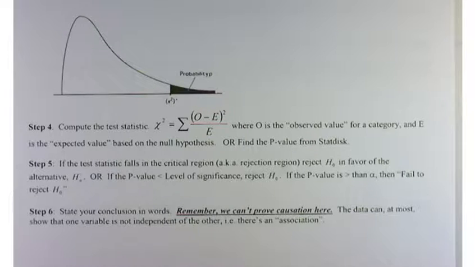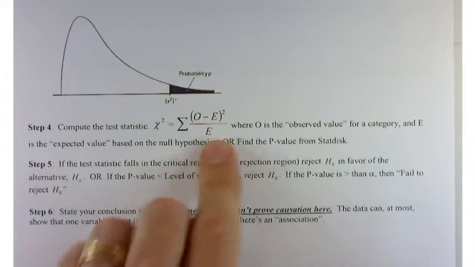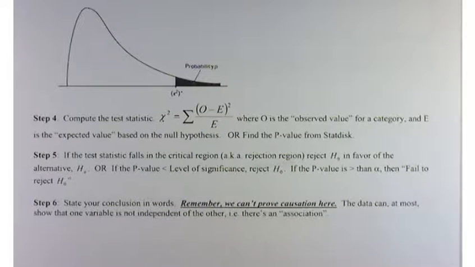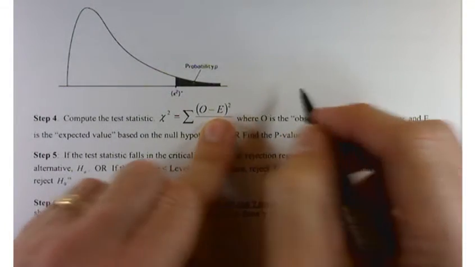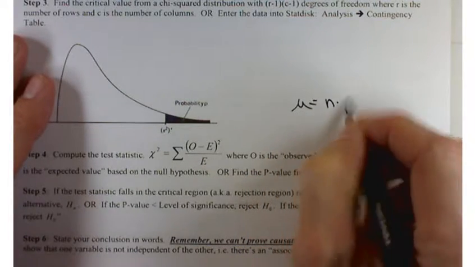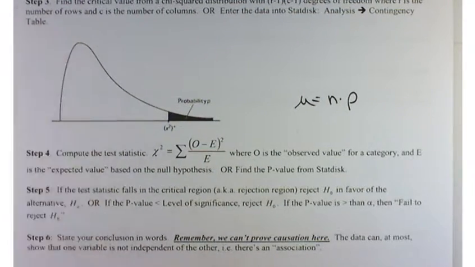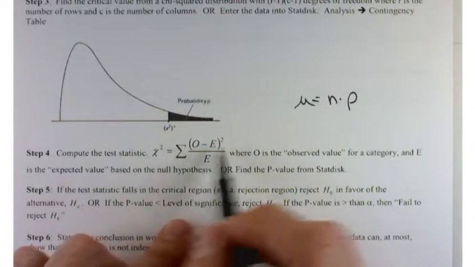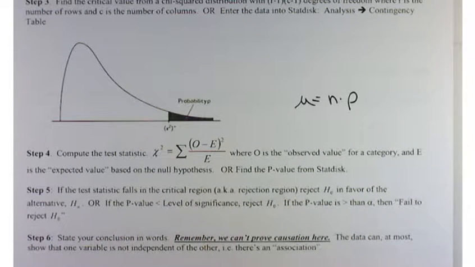It's based on some ideas of probability that really aren't beyond the grasp of this class, but pretty much everything that you can run into in terms of your graphing calculator or statistical packages are going to do this for you. Suffice it to say that they're going to calculate an expected value, much like you did for the mean of a binomial random variable, which was n times p. That's how we calculated things. So they're doing something similar to that to calculate the expected values, summing them up, squaring them, etc.